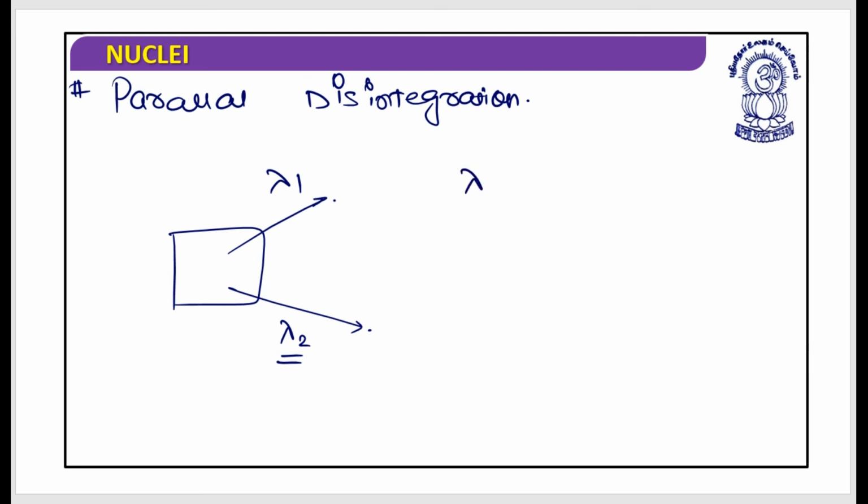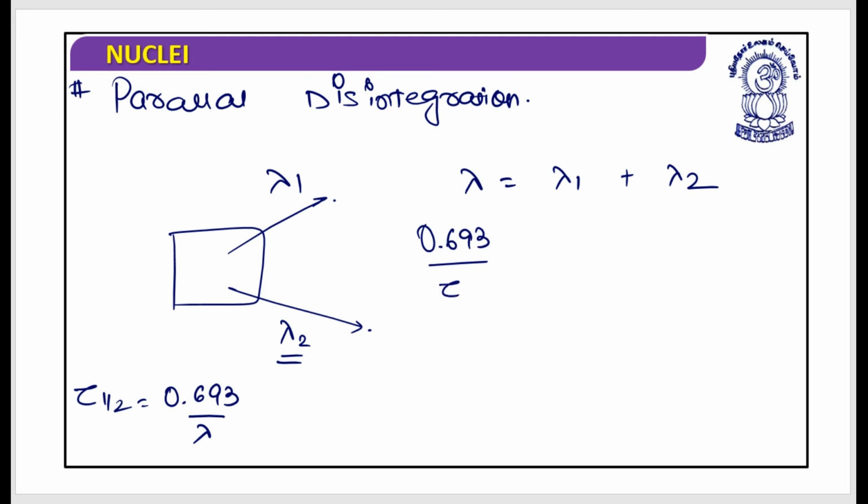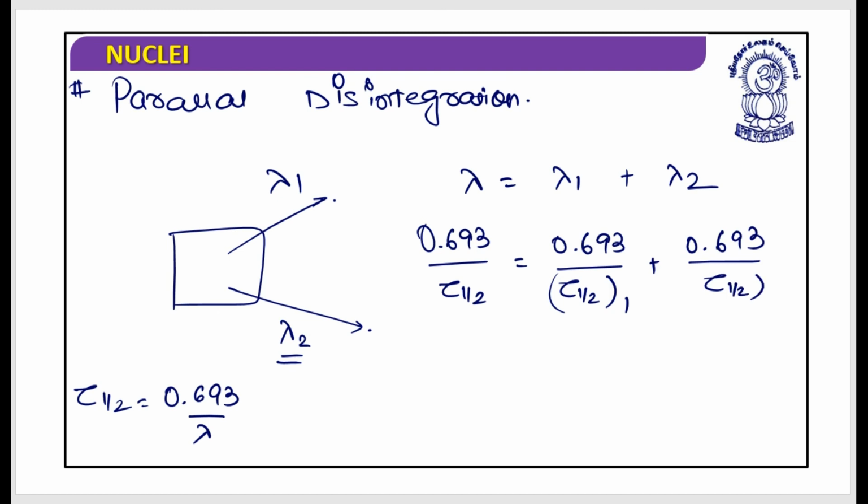What we can do is, we understand the effective lambda is lambda 1 plus lambda 2. And we also know that tau half is equal to 0.693 by lambda. So 0.693 by tau half equals 0.693 by tau half of the first element plus 0.693 by tau half of the second element.